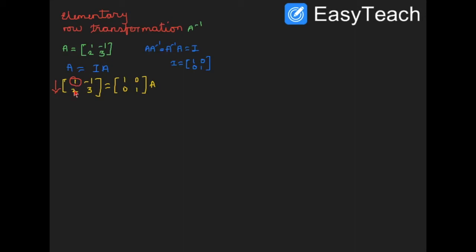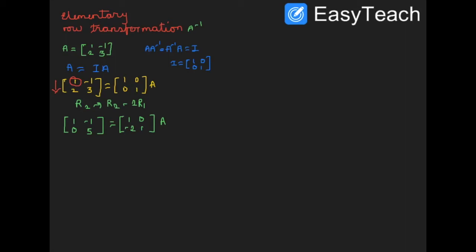So now to convert this into a 0, the next step would be R2 tends to R2 minus 2R1. And therefore no change in R1. I'm writing R1 as it is, and here too R1 as it is, 1, 0 and A, and this is going to give me a 0, and this is going to give me a 5 and a minus 2 and 1.